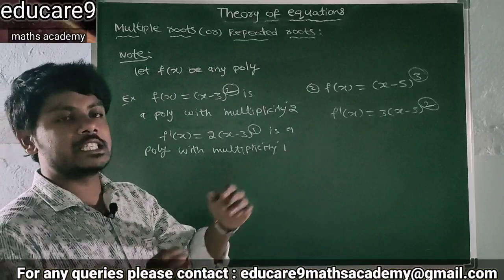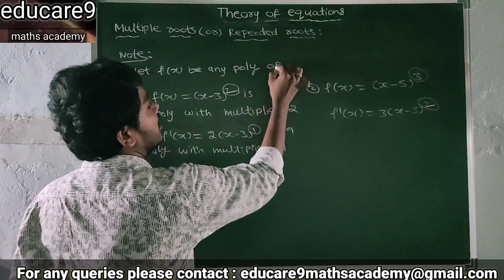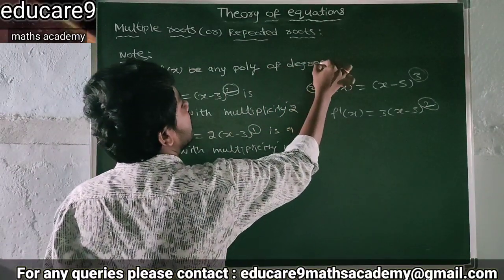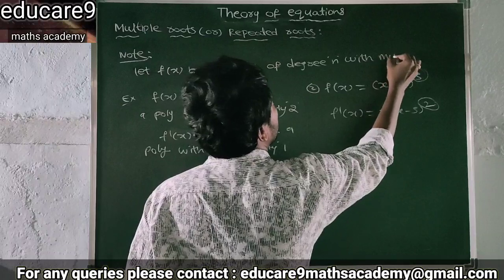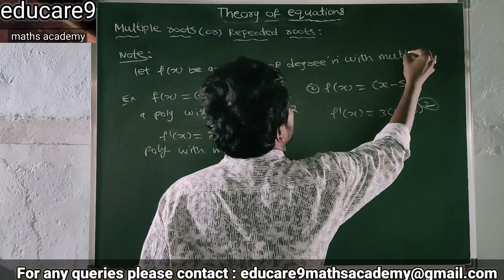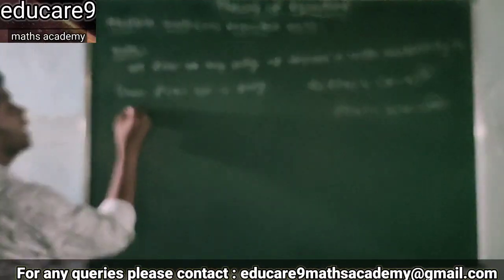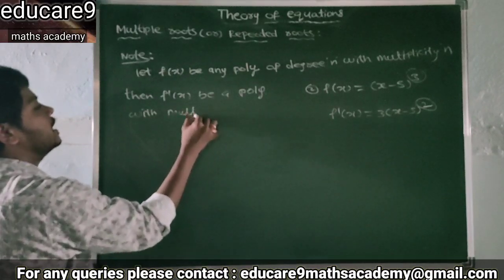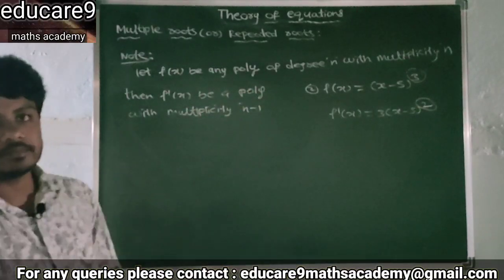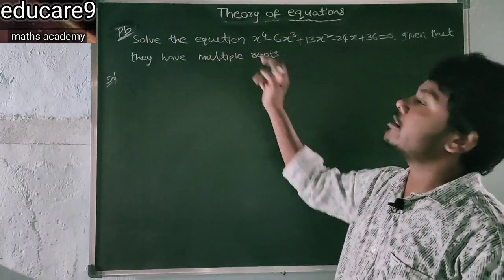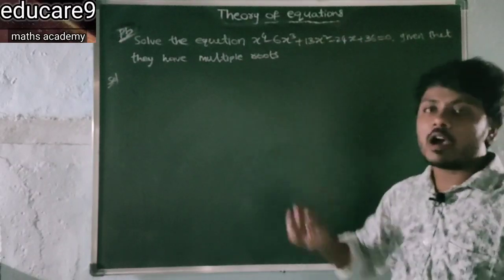So clearly from these examples we can say that if f of x is any polynomial of degree n with multiplicity n, then f dash of x has multiplicity n minus 1.